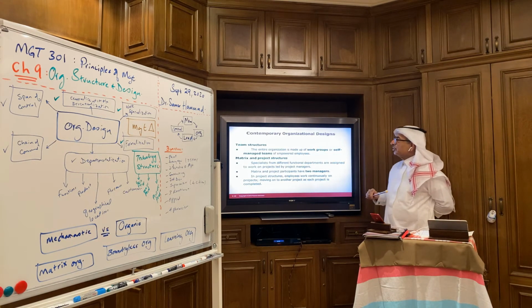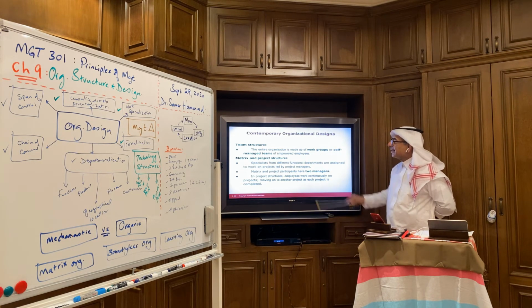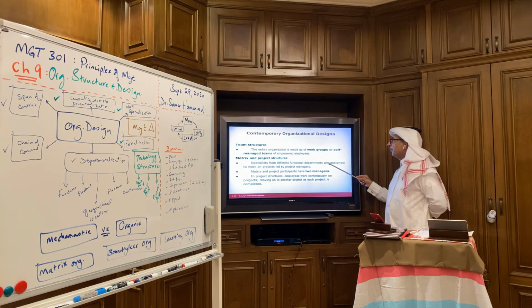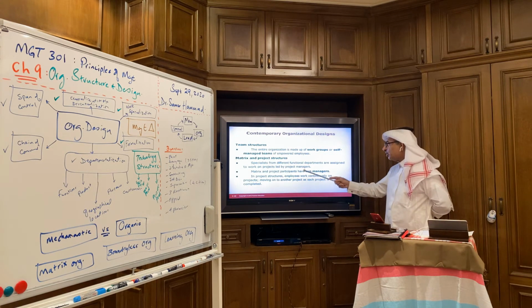Contemporary organization design: we go into team structure. The entire organization is made of work groups or self-managed teams of empowered employees. Now we'll go to something called matrix and project structure. In a matrix, specialists from different functional departments are assigned to work on projects led by a project manager.